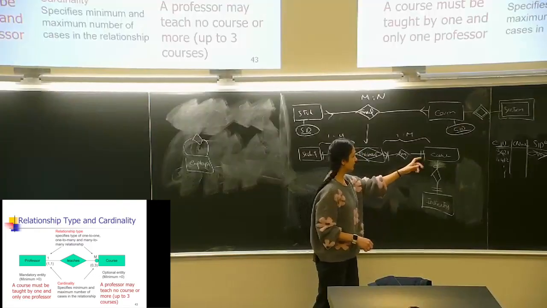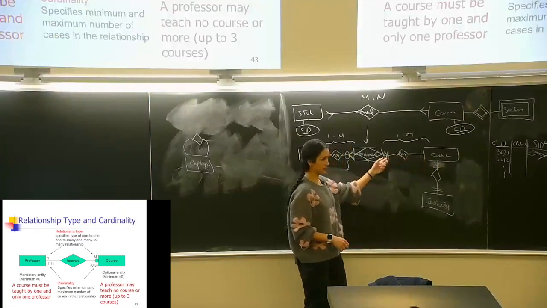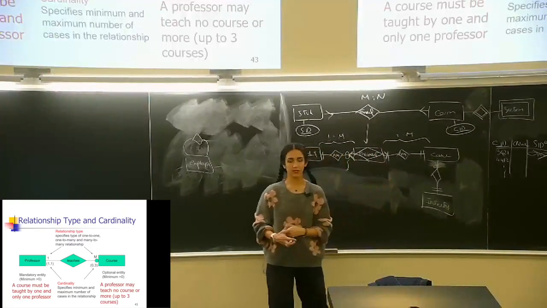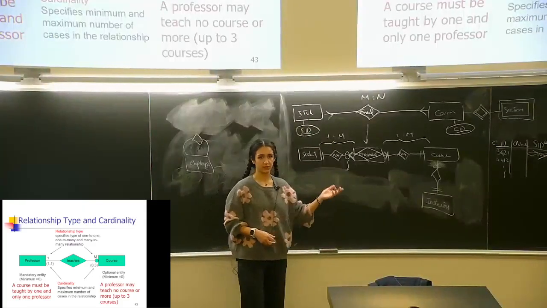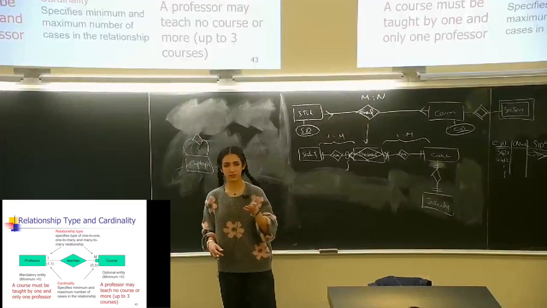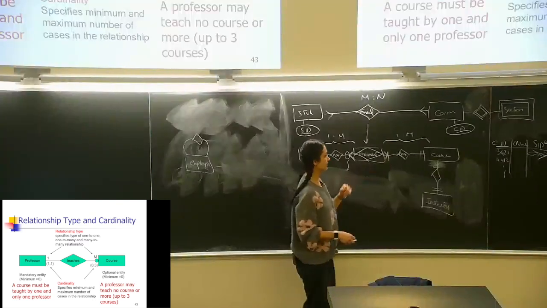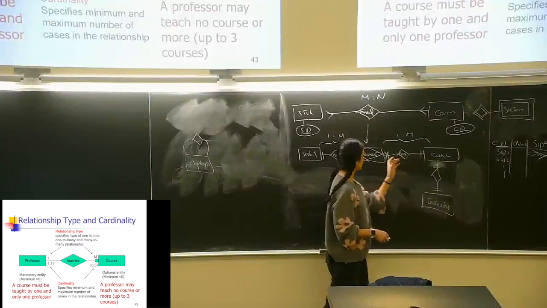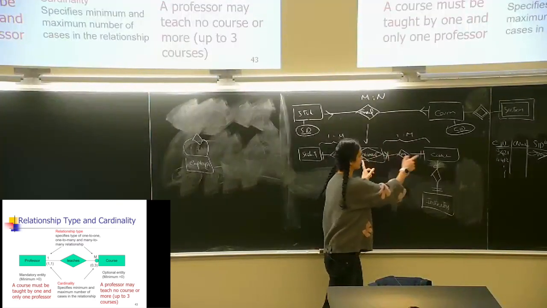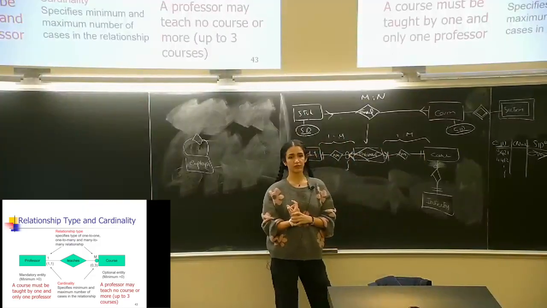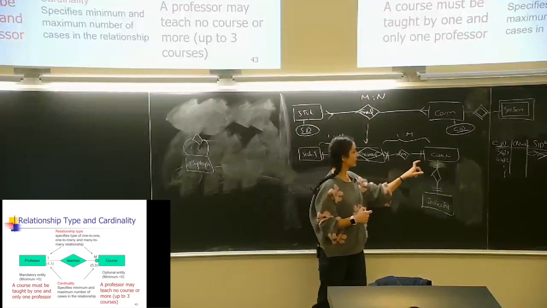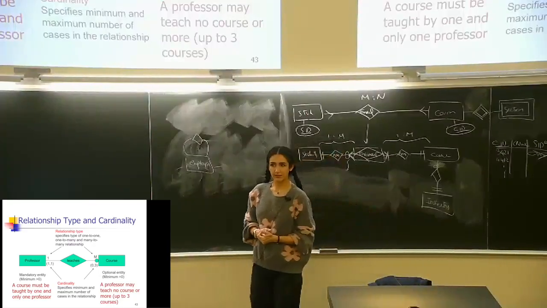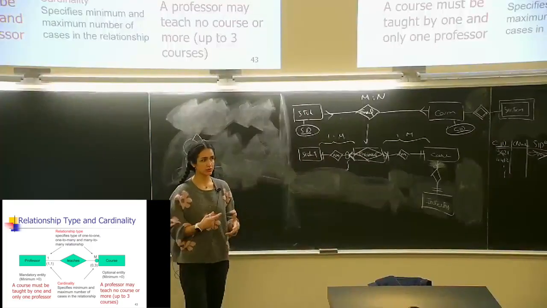So if my assumption is that each course should appear in enrollments and should have at least one student enrolled in that course, then this is mandatory. And from the other side, enrollment and course, is this optional or mandatory? If we have an enrollment, can it include null courses or no courses?